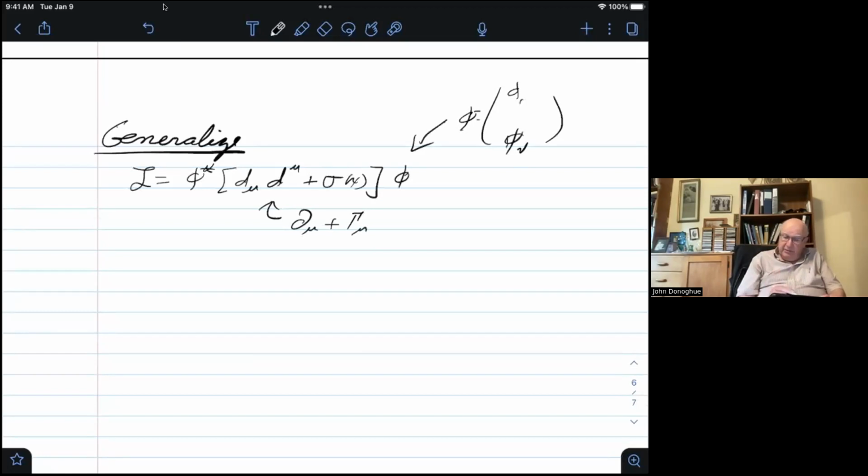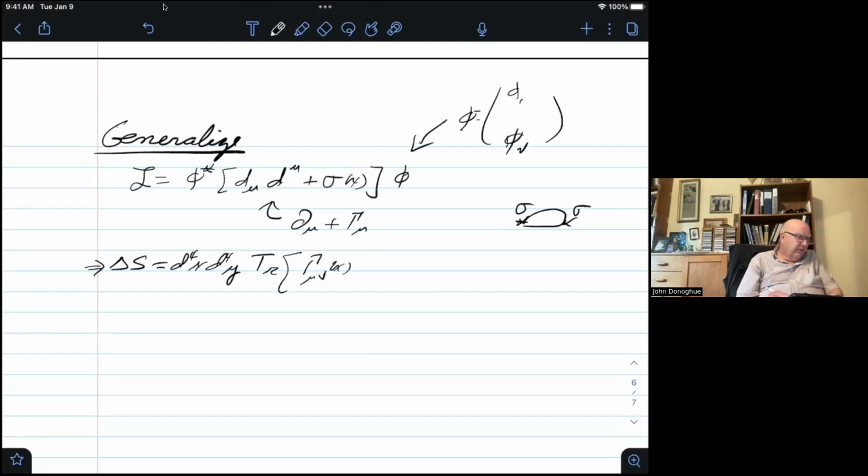It's then a simple thing to do, go through exactly the same steps. We've done the facts of the D mu's. The sigma is even easier, because I basically just get sigma propagator sigma. And so then delta S here is the integral d4x, d4y, trace of gamma mu nu. So it's the field strength tensor formed with that.